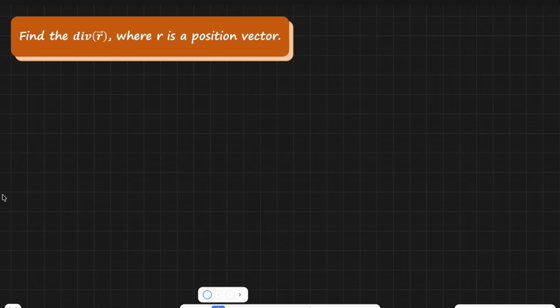Come to the problem. Let's say find the divergence of r vector, and I explained that the r vector is the position vector. R vector means basically x i cap plus y j cap plus z k cap.